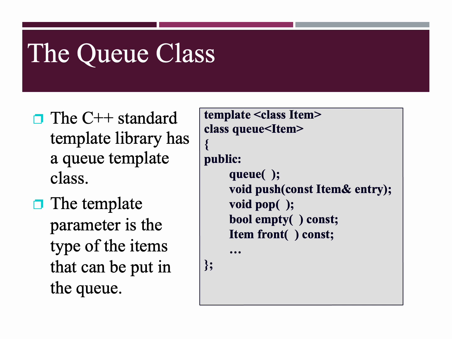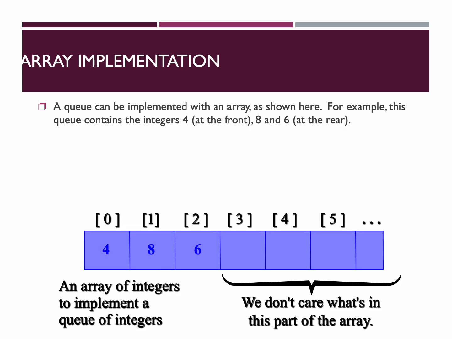So that's how we can use the queue class, and we'll see an example here. A queue can be implemented with an array as shown here. For example, this queue contains the integers 4 at the front, 8 and 6 at the rear.